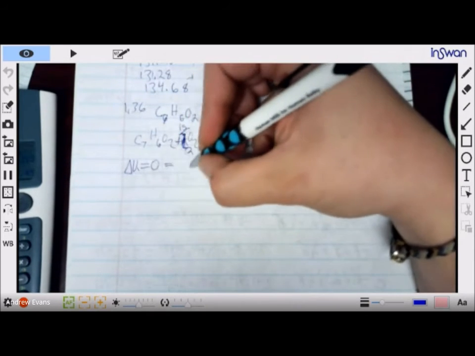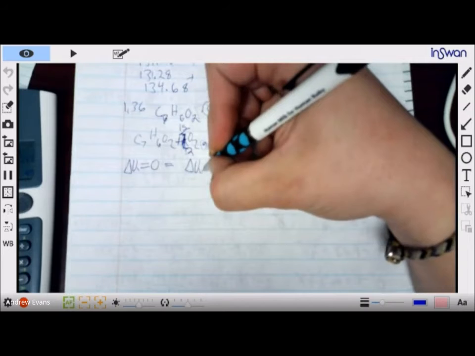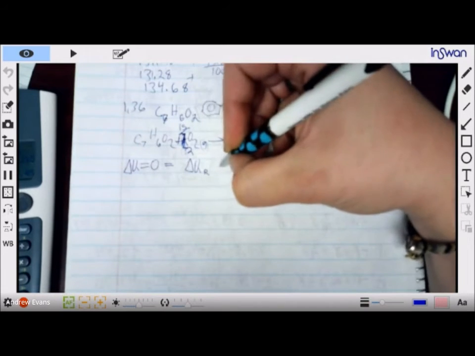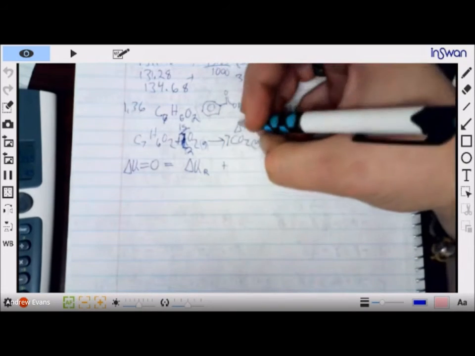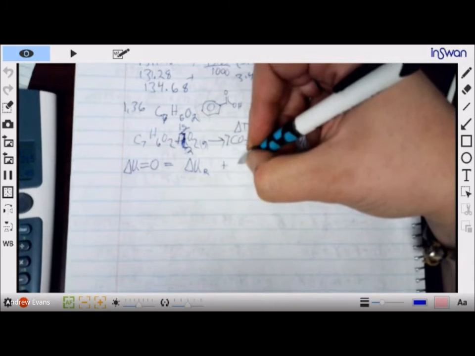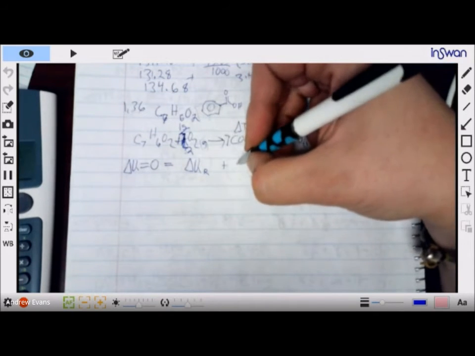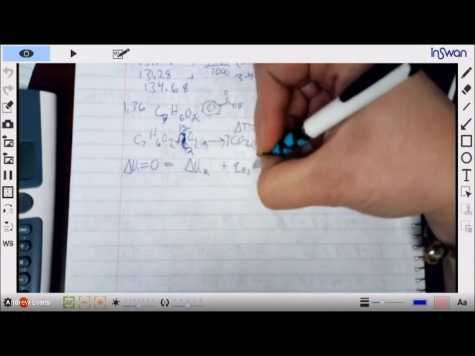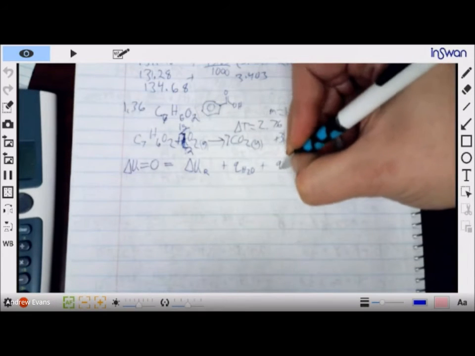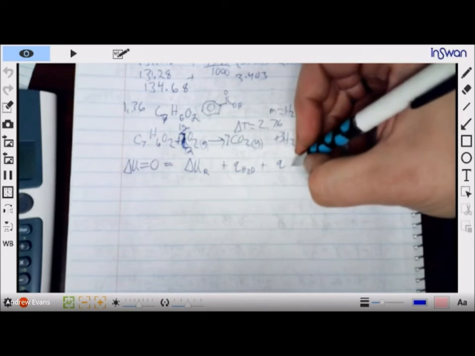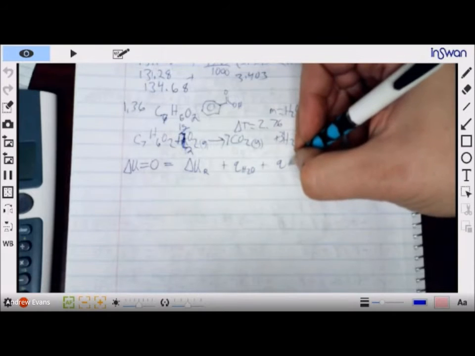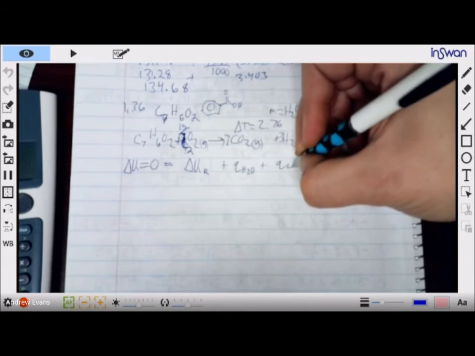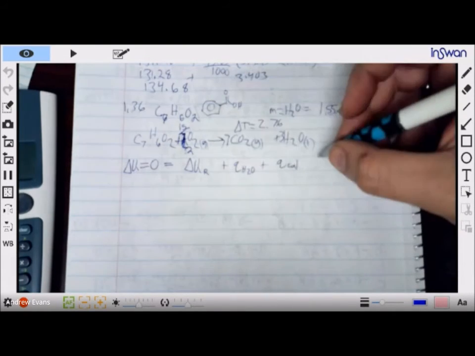Because that's true, we can say the delta U of the reaction plus the heat of the water plus the heat of the calorimeter will all add up to be 0.